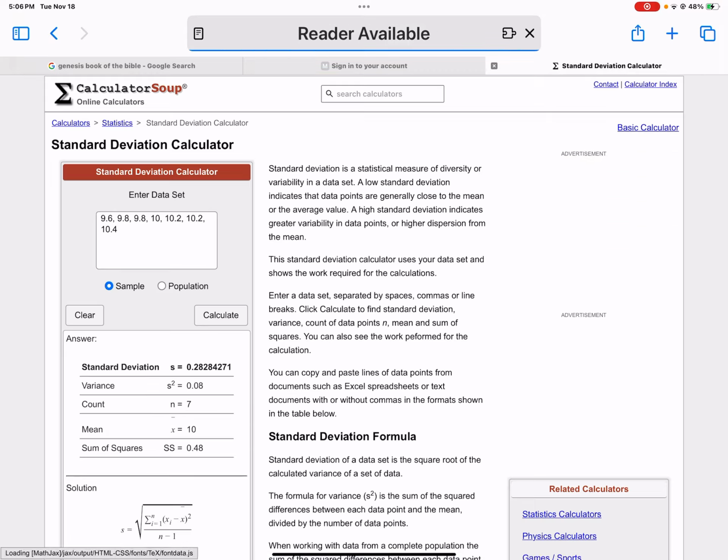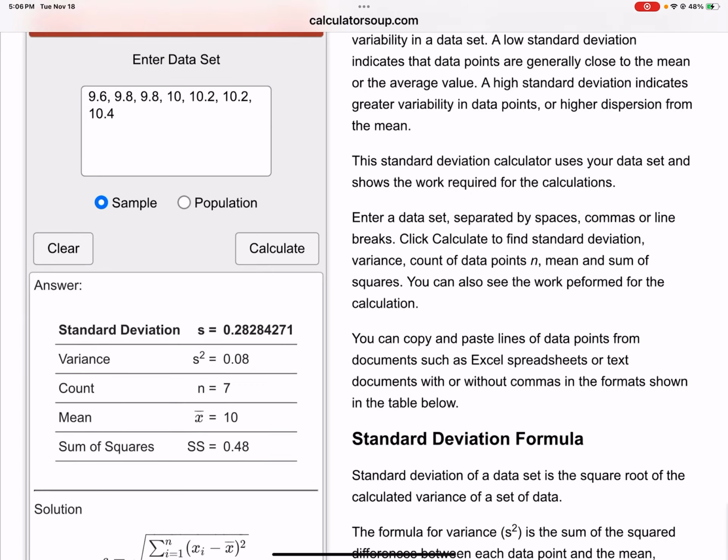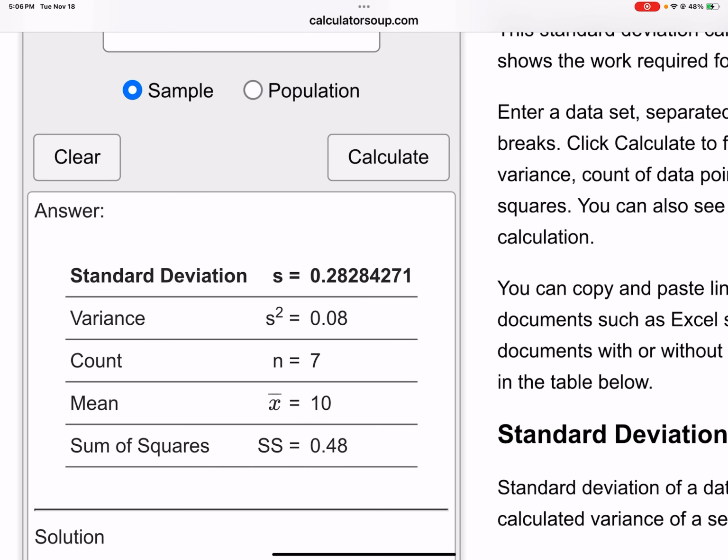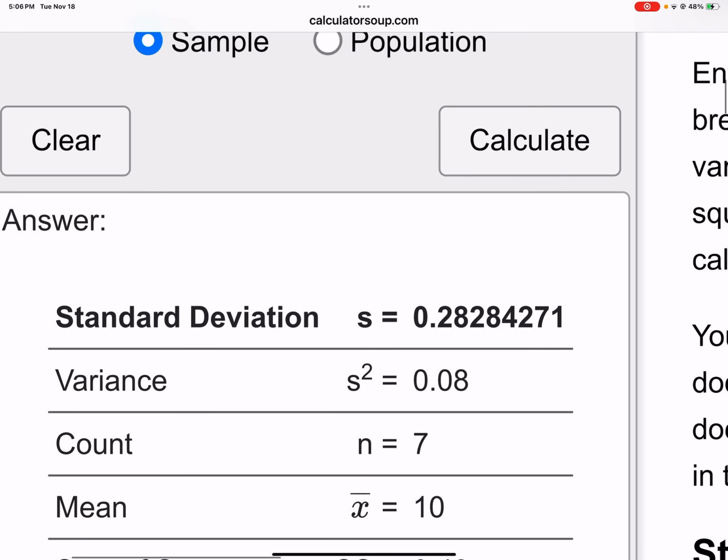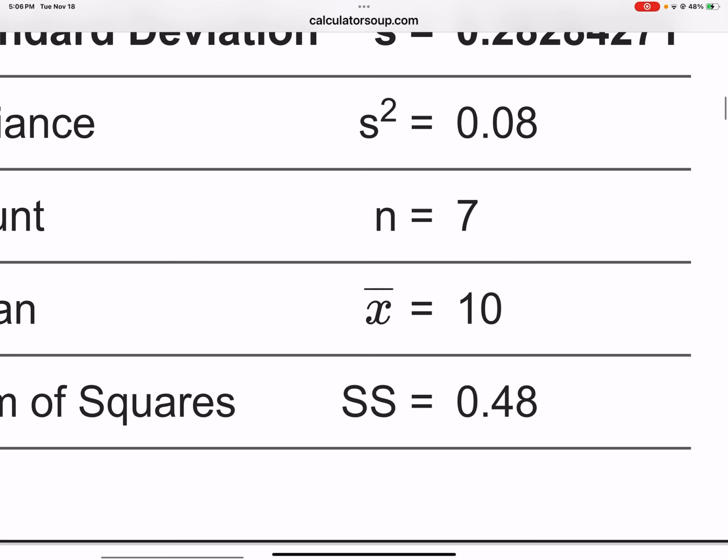Okay. So we've got a mean of 10 and a variance of 0.08, but we need our standard deviation. Oh, perfect. They gave us that. So standard deviation, 0.283. Remember that. And then our mean is just 10.